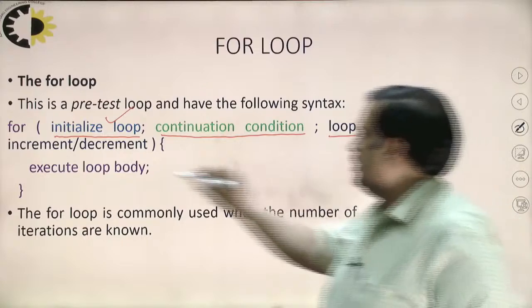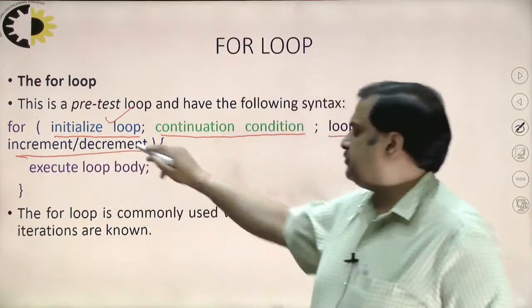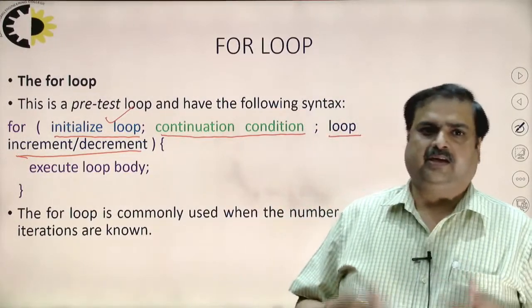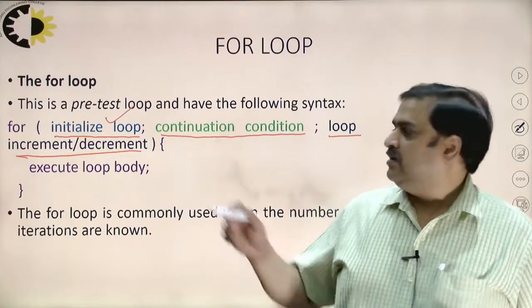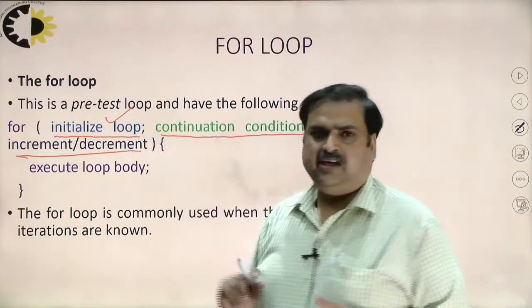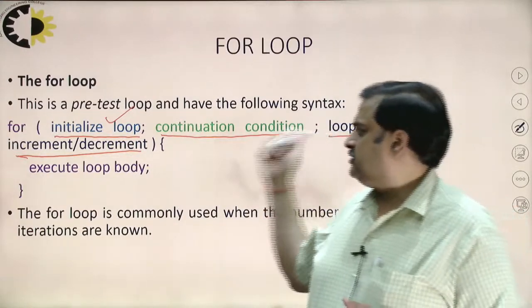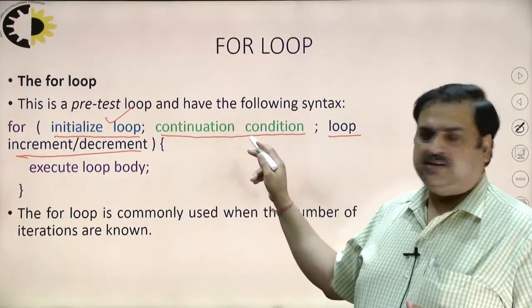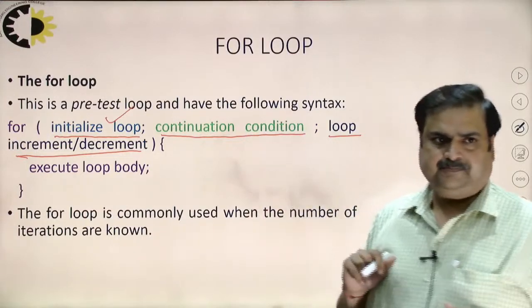Another is loop increment or decrement. The loop increment or decrement changes or manipulates the variable which we initialized in the initialization part, and depending on this change, the continuation condition will become true or false.